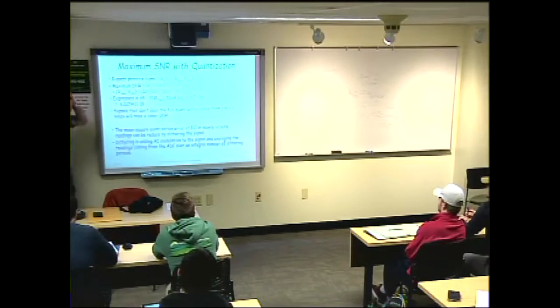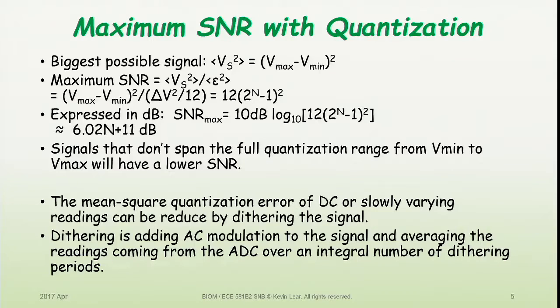So let's talk about the maximum signal-to-noise ratio we could ever get based on quantization error for kind of a randomly distributed signal. So first of all, what's the biggest possible signal I can get out of an A to D converter? Well, the biggest possible mean square voltage for the signal I could get is if this thing was going from Vmax to Vmin or pretty close to that, jumping back and forth.